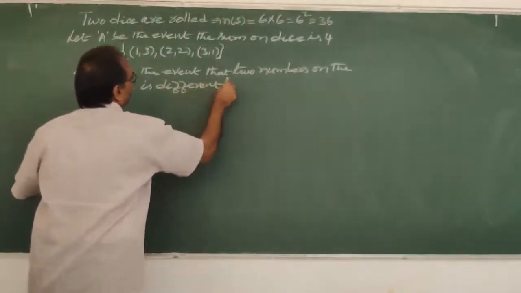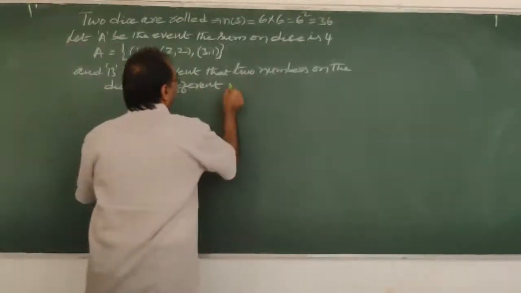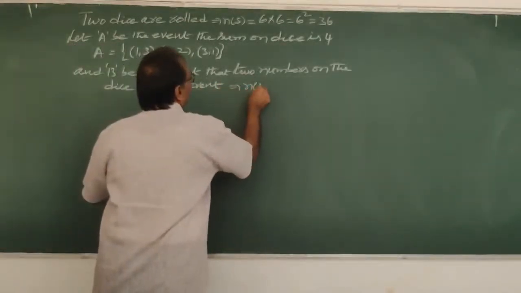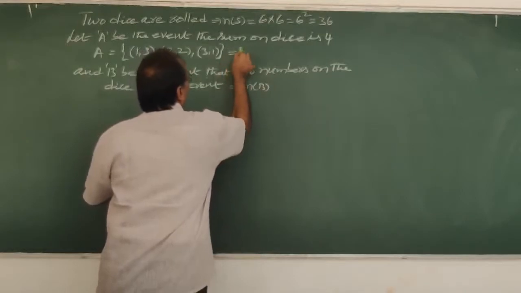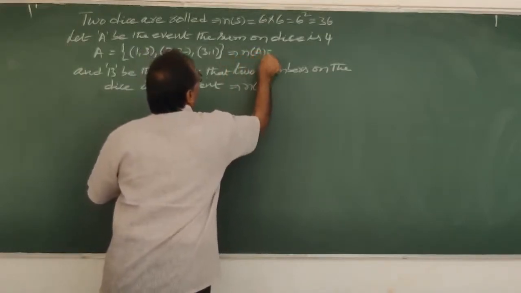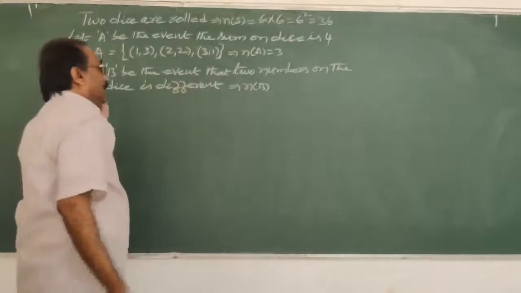How many such will be there? Directly I will write. This implies n of B. Here how much is n of A? n of A is equal to 3: 1, 2, 3. And n of B, how much?